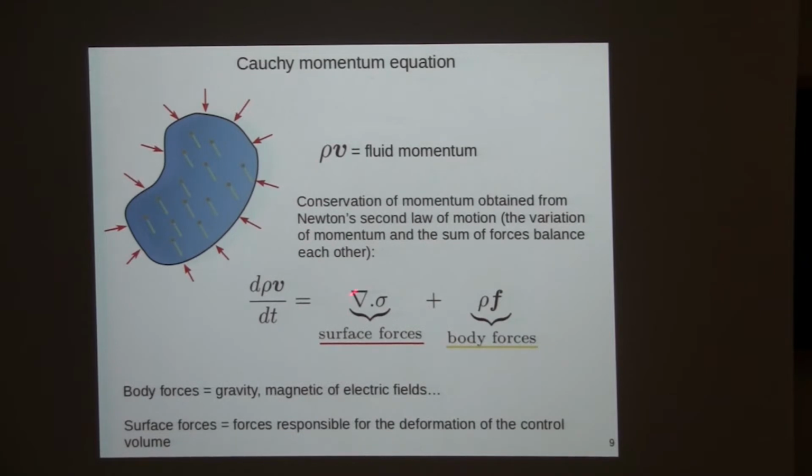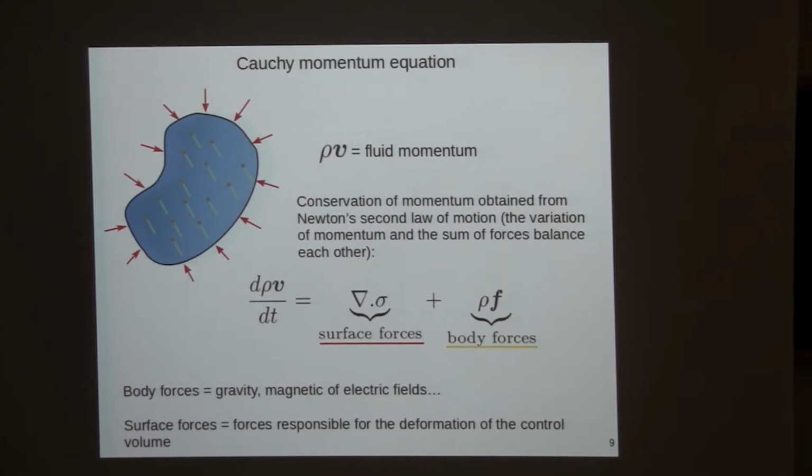The forces can be divided in two different kinds: surface forces that apply to the surface of your control volume, and body forces that apply everywhere in the volume, such as gravity, magnetic, or electric fields. The surface forces, here in red, are very important, especially at that scale, because they are responsible for the deformation of the control volume.